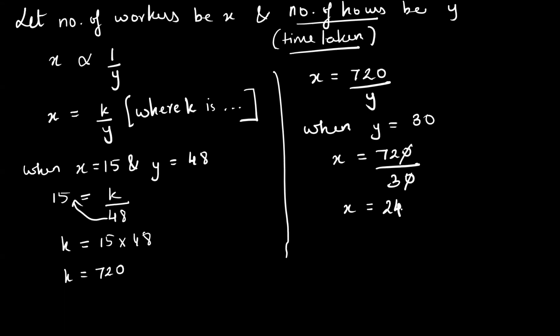What will you write now as the final statement? 24 workers will be required to do the same work in 30 hours. I'll repeat that again: 24 workers will be required to do the same work in 30 hours.